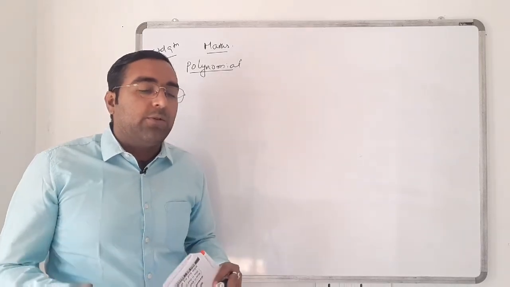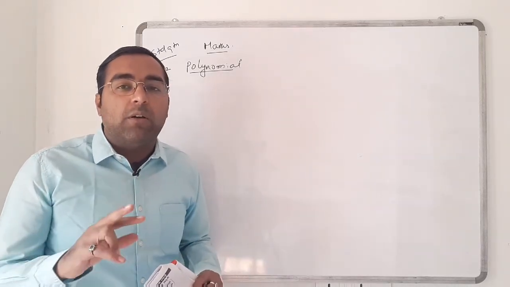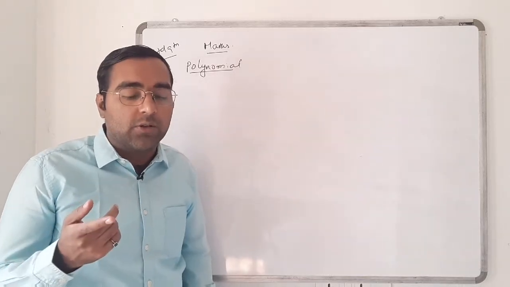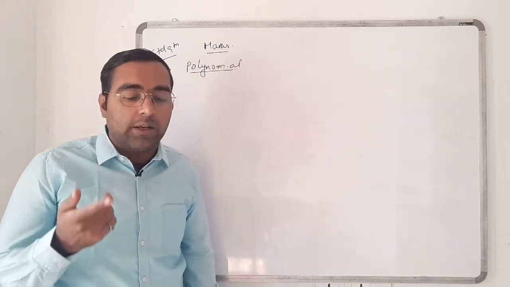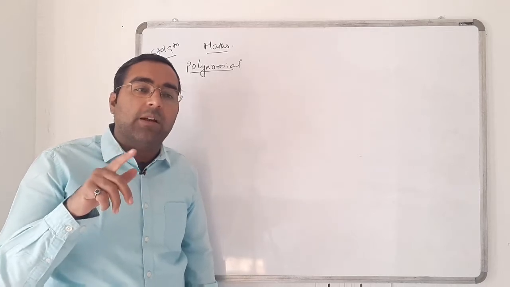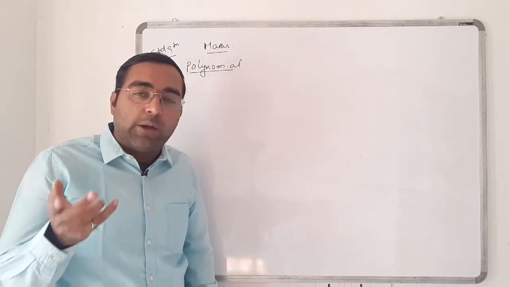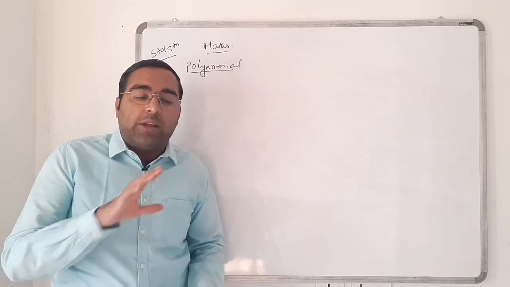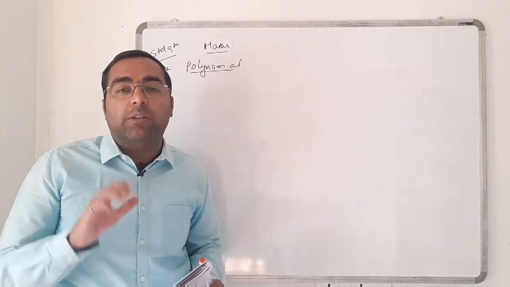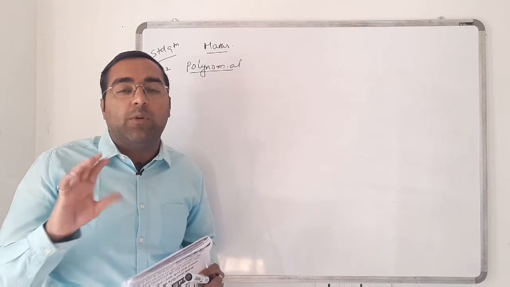We always have to check the power of x. If the power of x is a fraction or negative, or if the variable x appears in a square root or cube root, then that is not a polynomial.